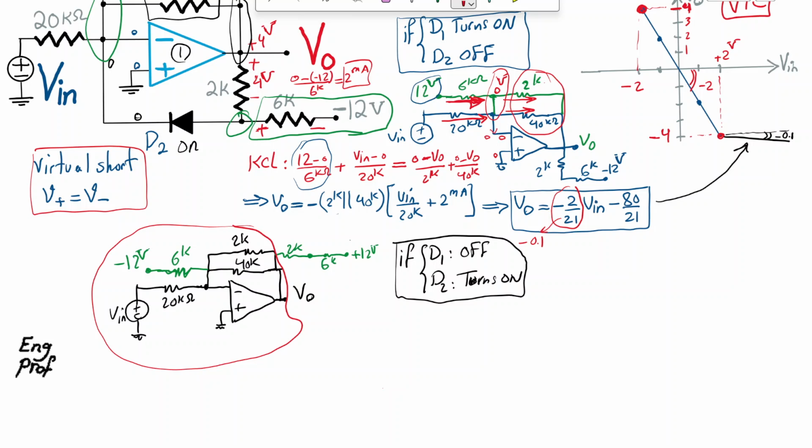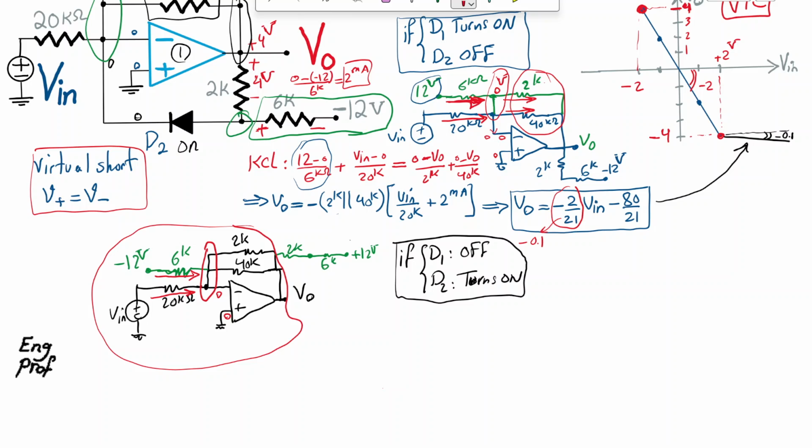And same idea, write a KCL at this point. The virtual short requires that if we have 0 volt on the positive terminal, we have 0 volt on the negative terminal as well, virtual ground.